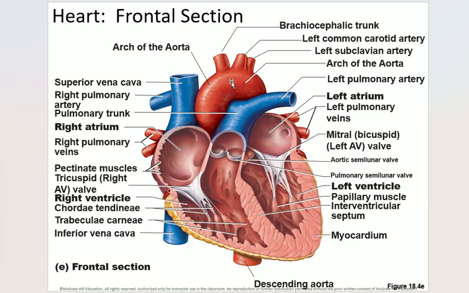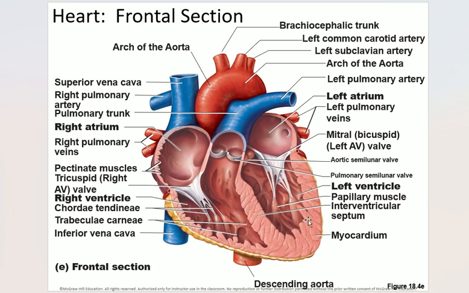Let's go back to the walls. Blood from the left ventricle goes through the aorta and into the whole body. And then blood from the right ventricle goes out through the pulmonary trunk and directly to the lungs. So which side is going to need more pressure?